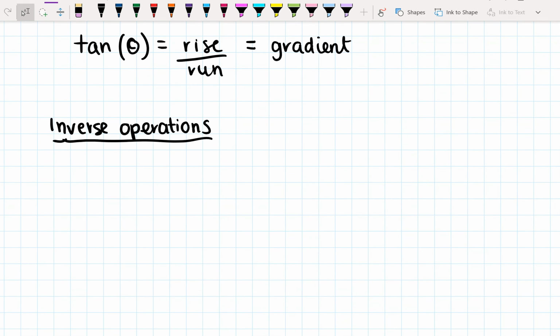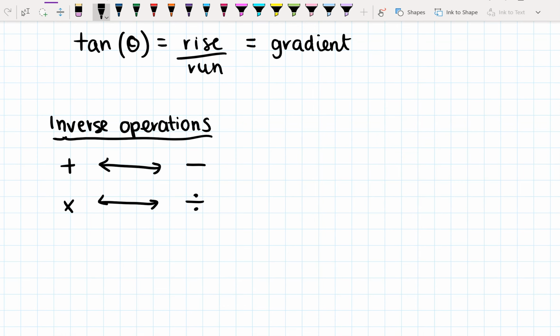When we're talking about inverse operations, it's like the opposite operations, and you learned about this when you were solving equations for the first time. The inverse of plus is minus, so the opposite of adding is to subtract. And that goes both ways. The opposite of subtract is to add. The inverse of multiply or times is to divide.